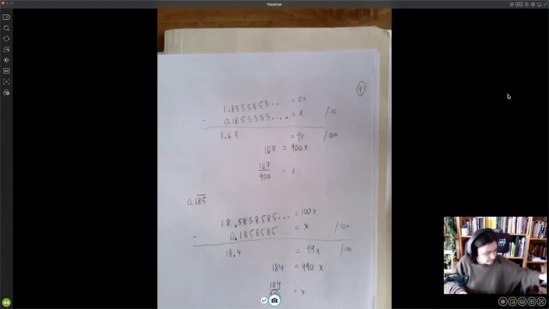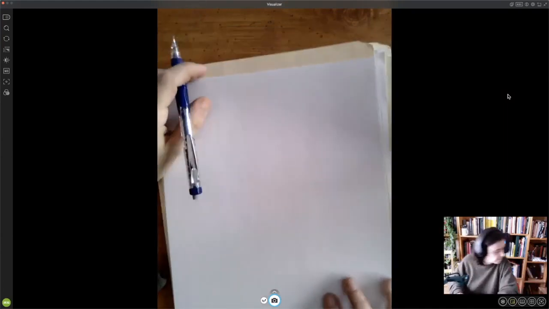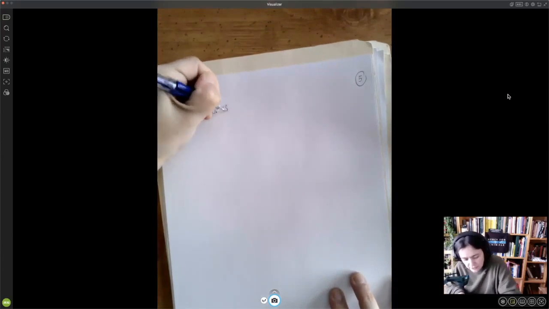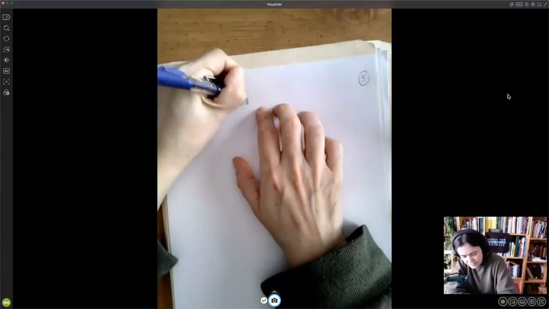So the last one was 0.185. The 0 is not repeating.